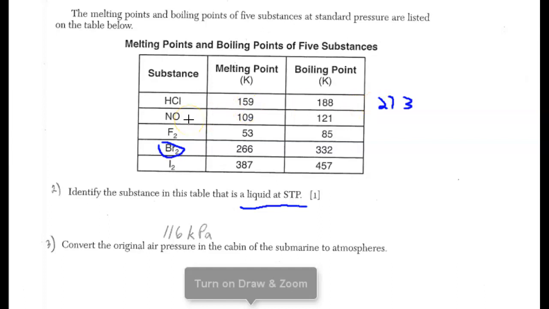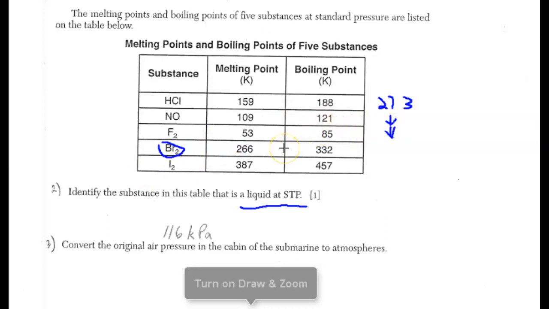Next one, nitrogen monoxide. Again, 273 is higher than the 109 or 121. So it's gone through the melting phase and then gone through boiling, from liquid to a gas. Then we get to fluorine, same thing once again. Fluorine, or F2, is going to be a gas at 273.